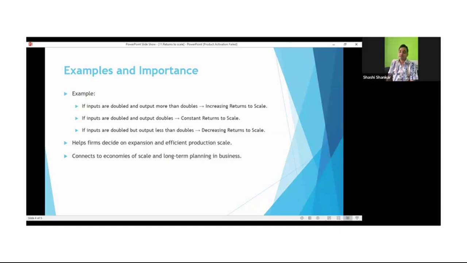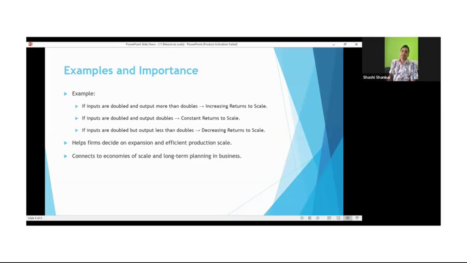The last one, decreasing returns to scale: inputs are doubled but output is less than double. All right, now talking about the importance, what is the importance of studying returns to scale? It helps firms decide on expansion and efficient production scales.